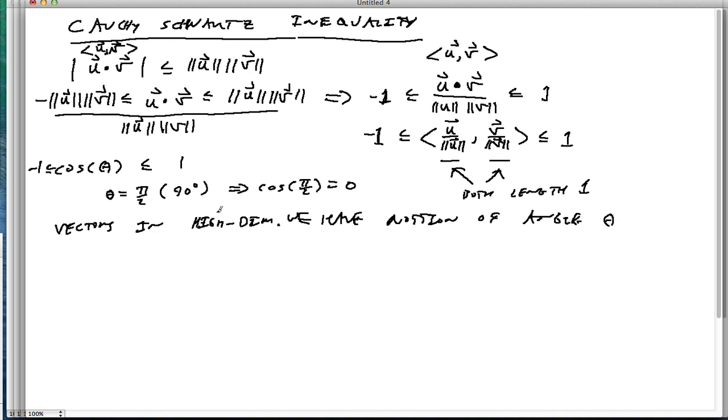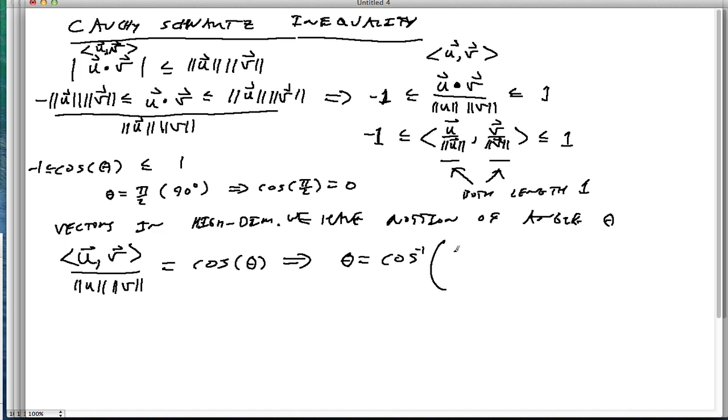So we can actually equate the dot product, or the inner product, whatever the case may be, with cosine theta. All right, and we can rewrite this a bit further and actually say that theta then is equal to the cosine inverse of u comma v over the product of the two magnitudes. Okay. All right, so now we have a notion of angle even when we can't visualize our angles.